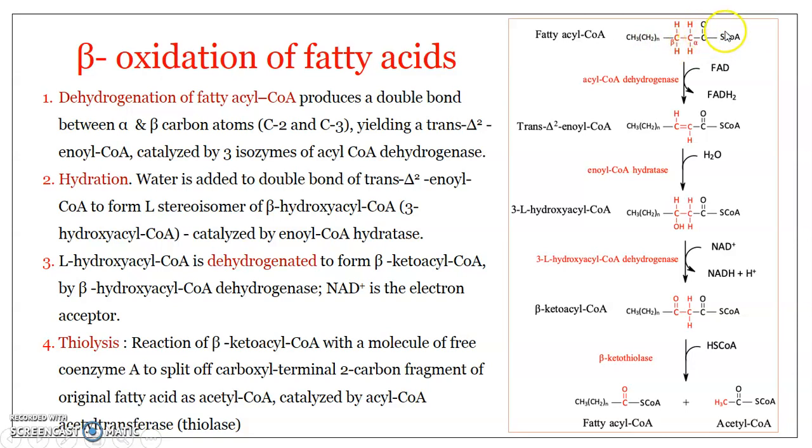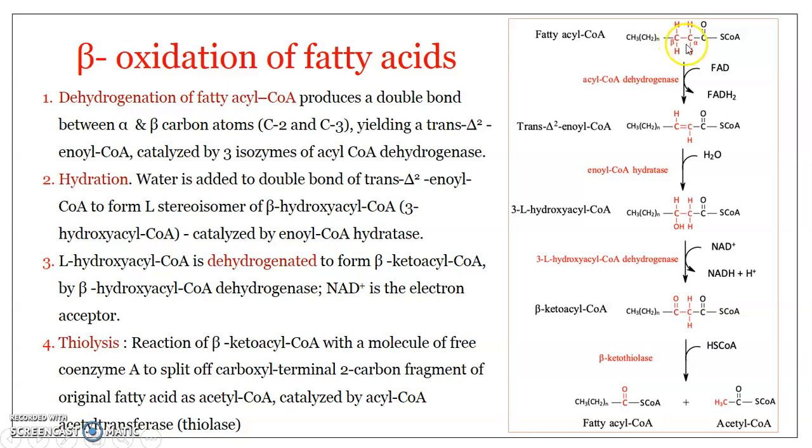Since this is a functional group, we call these the alpha carbon and beta carbon, and continuing gamma and likewise. So a double bond is produced as a result of dehydrogenation, and this double bond is created between the alpha and the beta carbon, or the second and the third carbon.